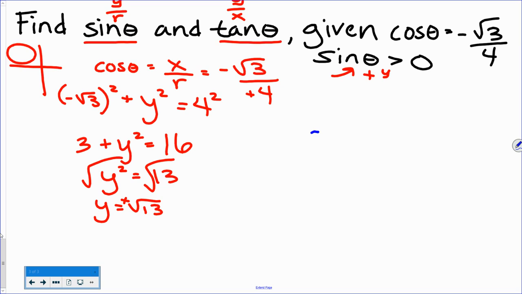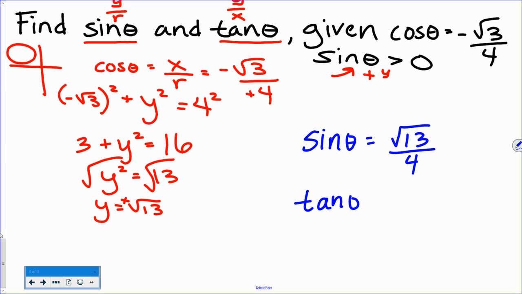Okay, so we found sine of theta. We know the y coordinate is square root of 13, and I know r is 4. We're also asked to find tangent of theta. So y goes on top, that's the square root of 13. And x goes on the bottom, which is negative square root of 3. But then I just won't leave the radical in the bottom.